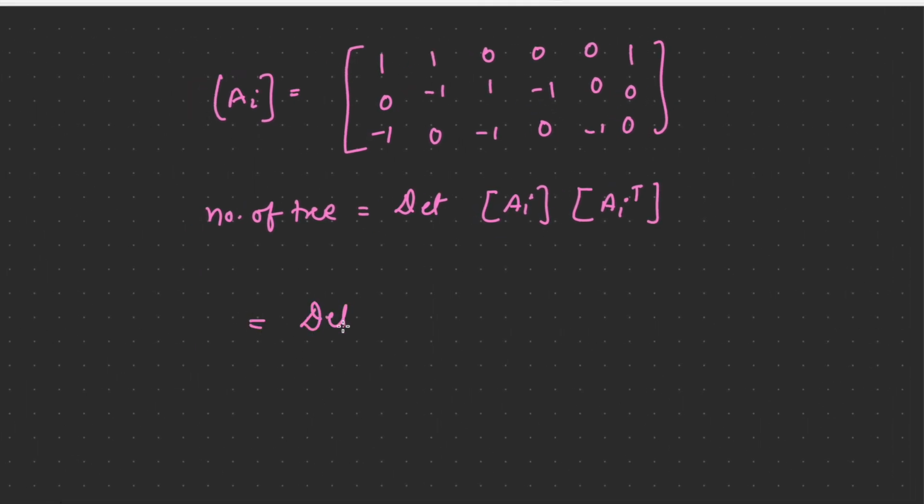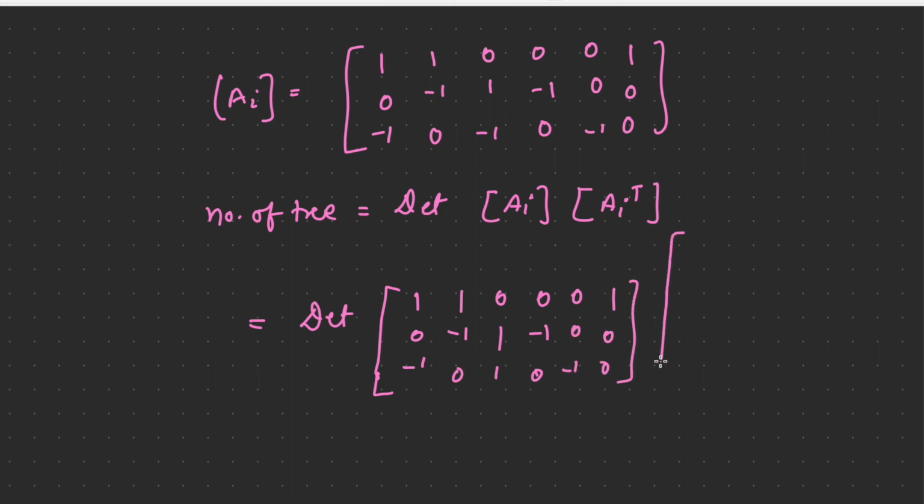So we write it as the determinant of the reduced matrix AI, which is 1, 0, minus 1, 1, minus 1, 0, 0, 1, 1, 0, minus 1, 0, 0, 0, minus 1, 1, 0, 0. And on this side we have its transpose: 1, 1, 0, 0, 0, 1, 0, minus 1, 1, minus 1, 0, 0, minus 1, 0, 1, 0, minus 1, 0.